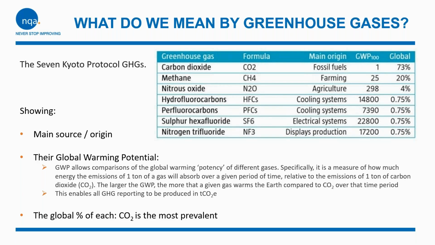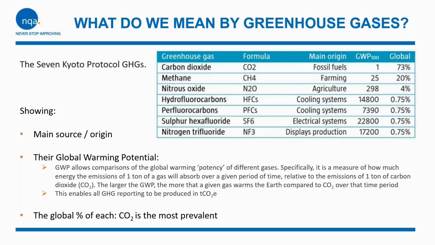And we can see what the origin of those gases are. So carbon dioxide predominantly comes from the combustion of fossil fuels in our businesses, in our boilers, in our cars, in our handling plant and equipment and so on. Methane largely comes from farming and agricultural activities, as does nitrous oxide.